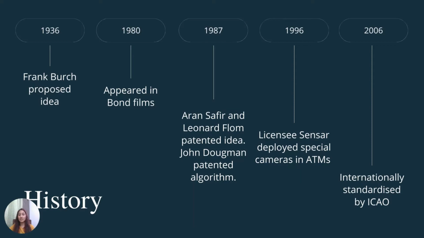This active imaging system was installed in cash machines both by NCR Corp and by Diebold Corp in successful public trials in several countries after 1997. In 2006, ICAO internationally standardized iris scanning as one of the three biometric identification technologies for use in e-passport.